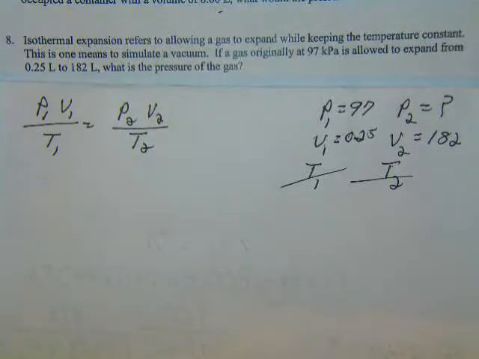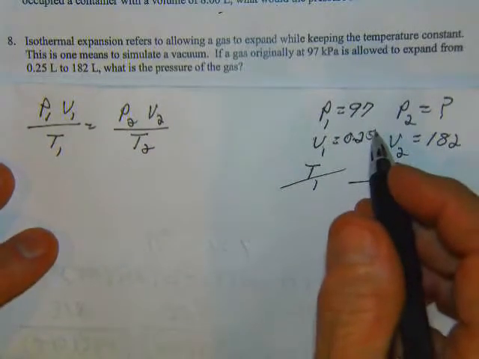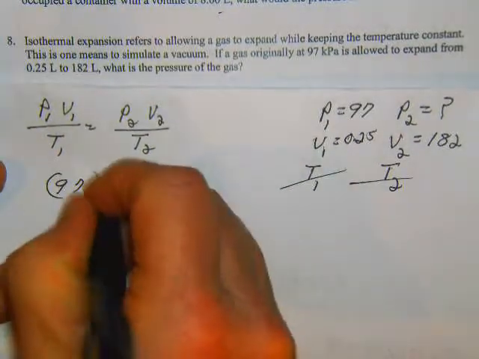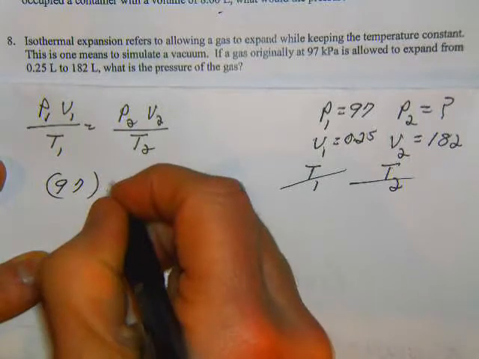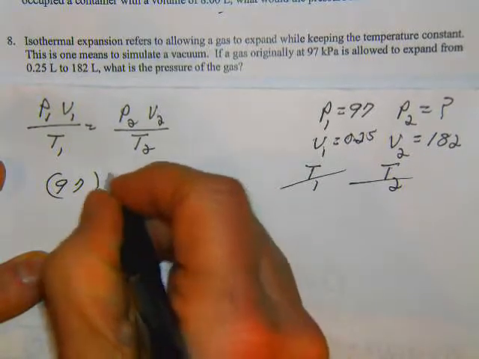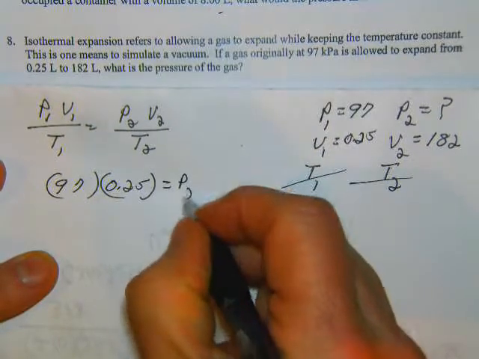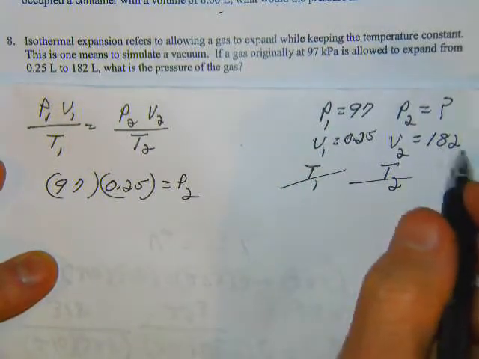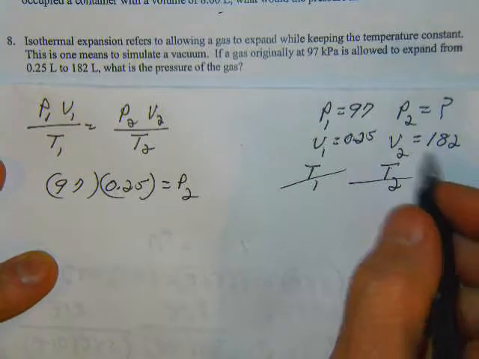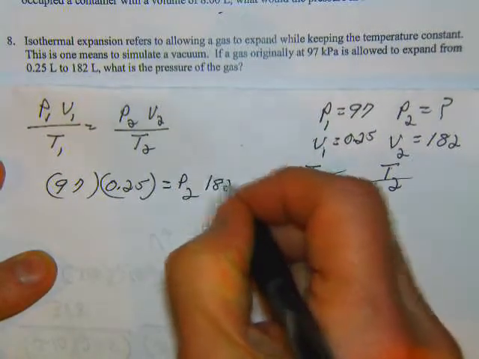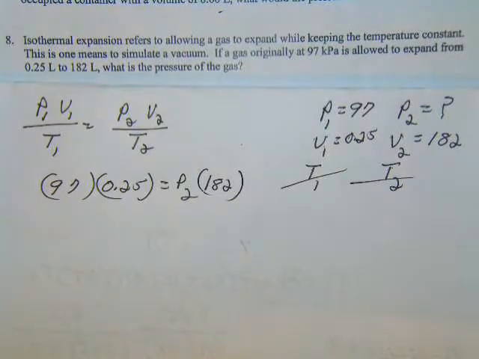Alright, pretty straightforward. So P1 is 97, V1 is 0.25. We don't know what P2 is, but we do know that the new volume is 182. So it looks like we're increasing the volume by a whole bunch.